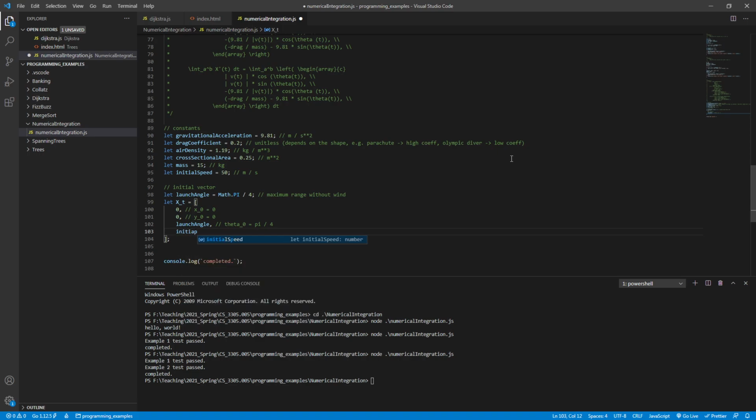And our initial speed was specified up here. And I guess the initial speed should technically be moved down here because it's initializing.